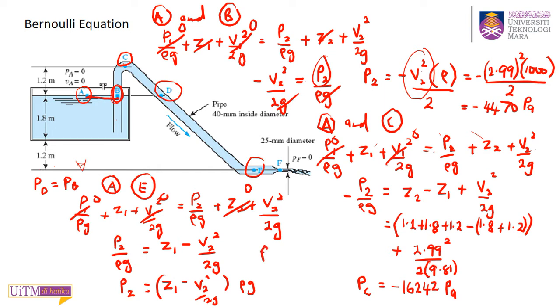What is the value of pressure at point E? So Z1, so Z at A, 1.8 plus 1.2 equals 3. 3 minus V2 squared, 2.99 squared over 2G, and this times rho times G. So what is the value of pressure at E?